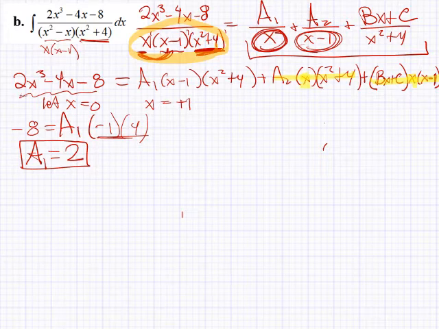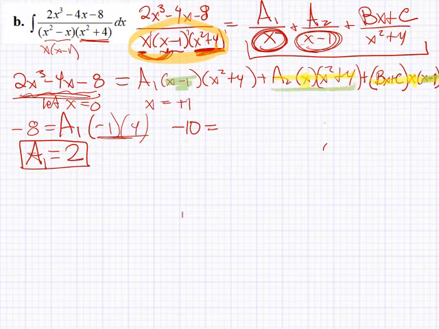Okay? Then x equals positive 1. Well, again, put it on the left-hand side. You're going to end up with, what, 2 minus 4 minus 8, so negative 10. And on the right-hand side, anything with an x minus 1 in it, here and here, that zeroes out.